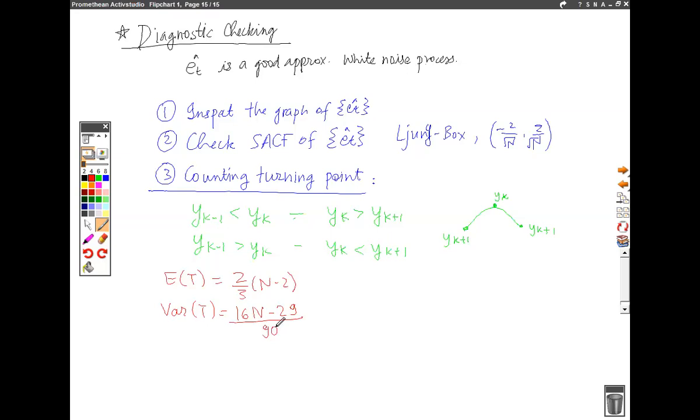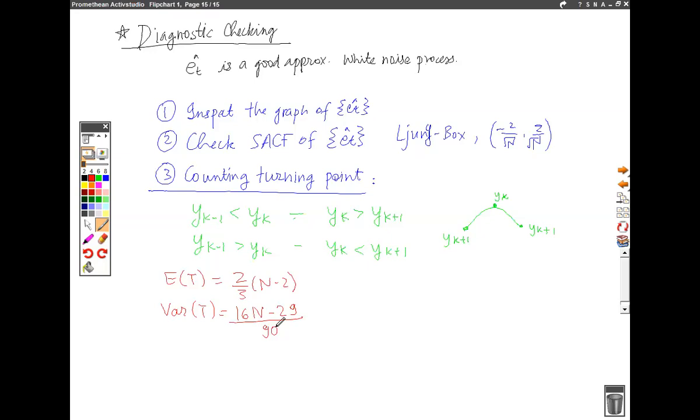You do not have to worry about where these were derived, but it's expected that if you are looking at a white noise process, then the mean turning points should be close to this. It should neither be too far nor too small, and the variance also should be within the limits.